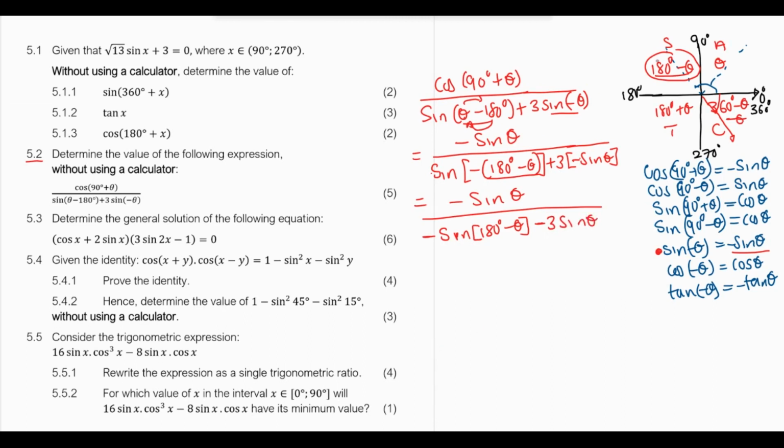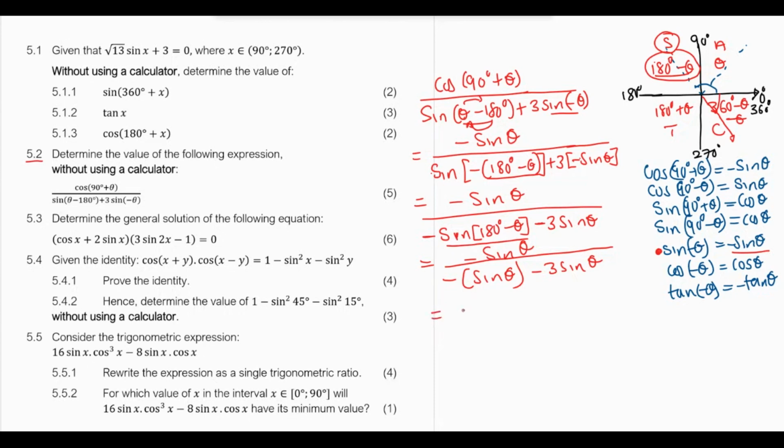Okay, 180° − θ is in the second quadrant, and then sine of the angle here is positive. It's going to be −sin θ, then minus sin θ. This part reduces to sin θ. Don't forget the division line, then minus 3 sin θ.